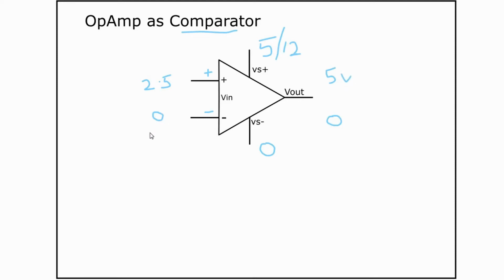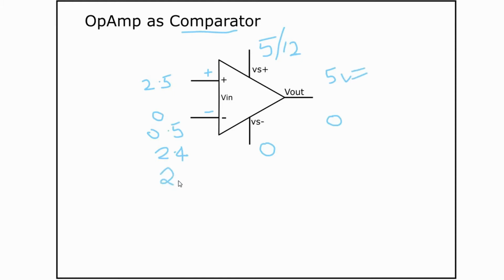So now let's assume this became 0.5. The higher input is still the positive terminal, so the output will again be 5. At 2.4 volts, the higher input is still the positive, it will still be 5 volts.